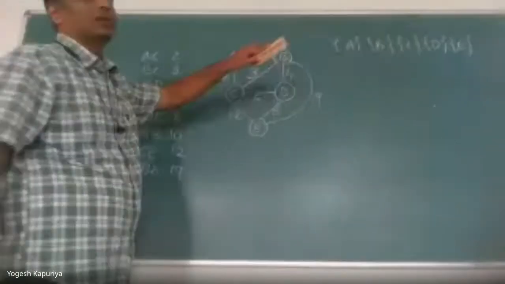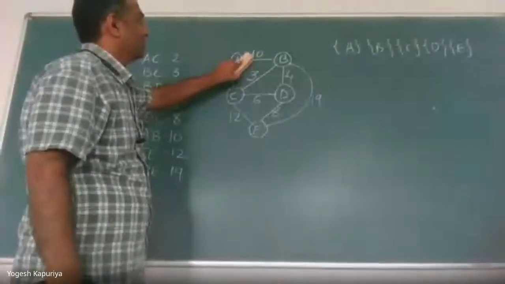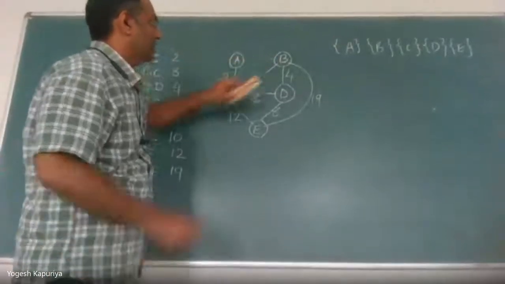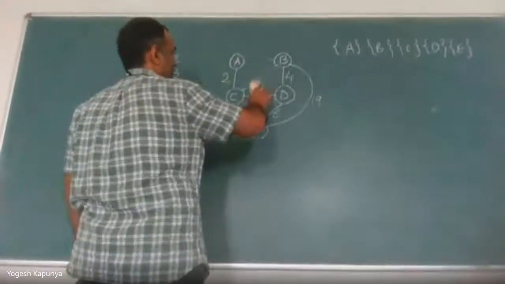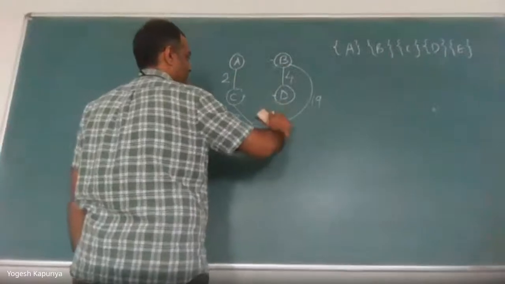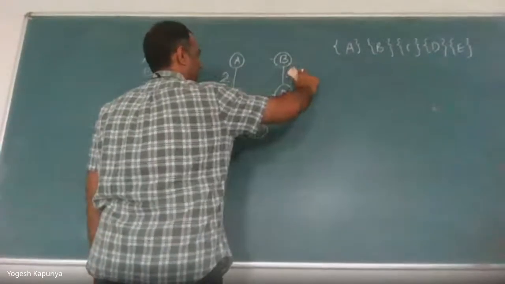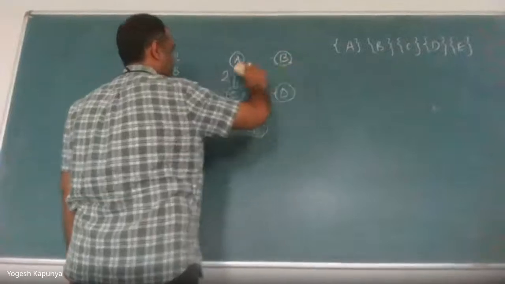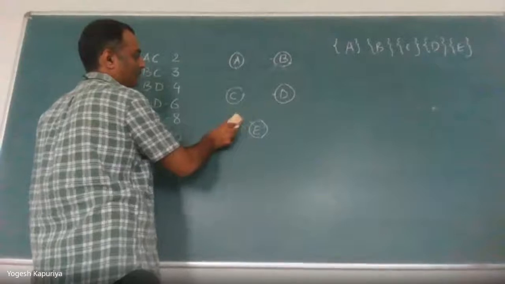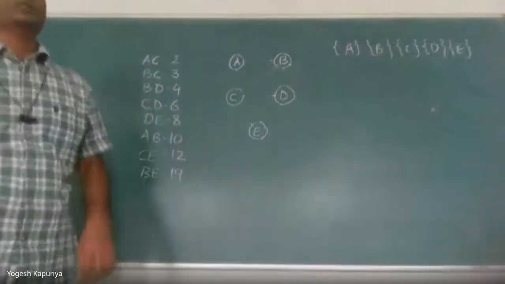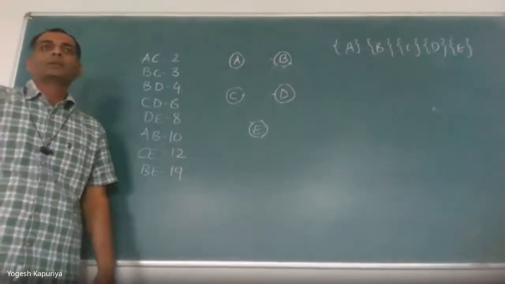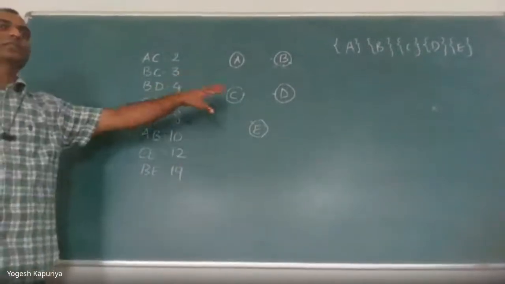If you want to show it in a visual form, then this is what it will look like. So remove all the edges. This is how it looks. Initially, all the vertices are independent sets. So that is step number 2, initialize this set.